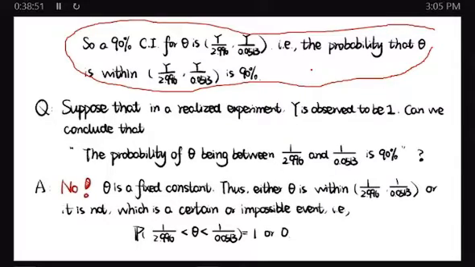Now, take a look at the first question. Suppose that in a realized experiment, Y is observed to be 1. Can we conclude that the probability of theta being between that is 90%? We can never conclude that, because don't forget, the idea of 90% is trying to tell you that out of 100 intervals, the true value will only lie in 90.